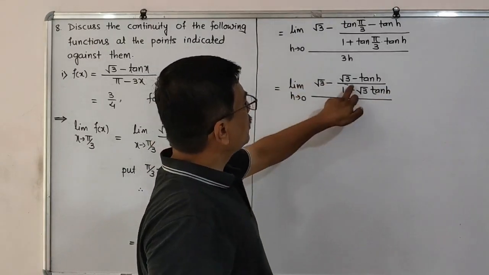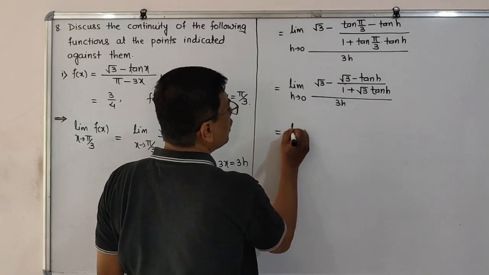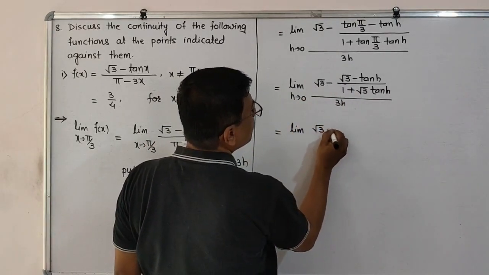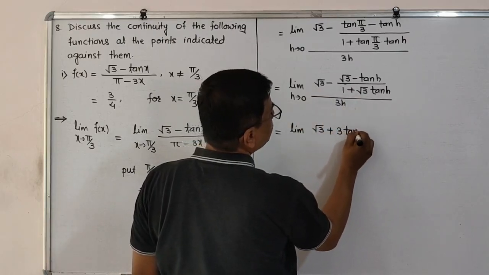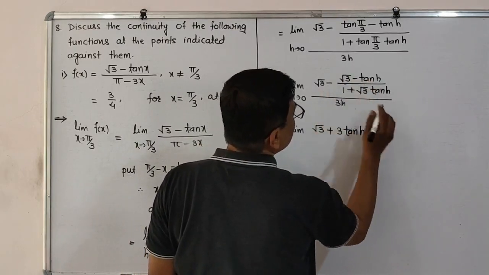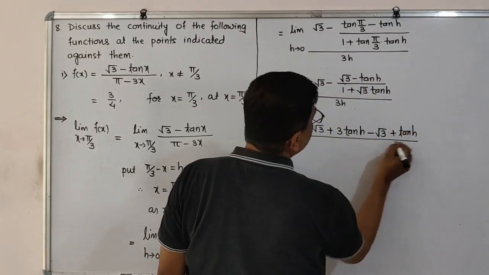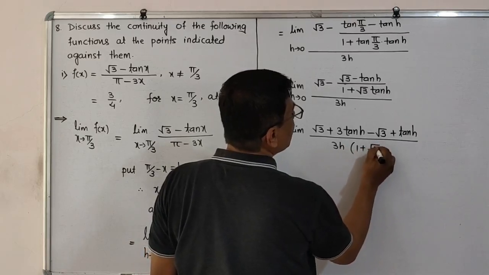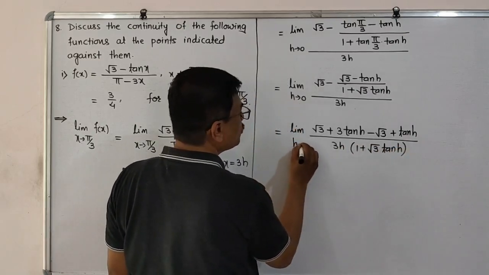Now solving it, taking cross multiplication, we have the limit of root 3 into 1 is root 3, plus root 3 into root 3 is 3 tan h, minus root 3, and minus into minus gives plus tan h, divided by 3h into (1 plus root 3 tan h), as h tends to 0.